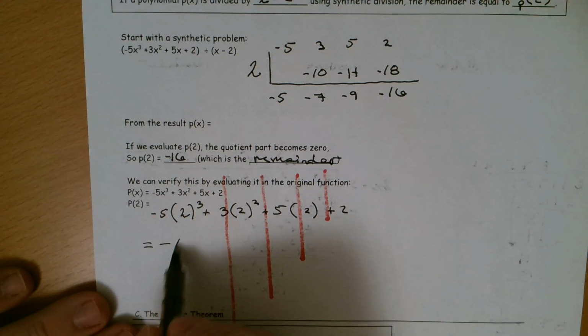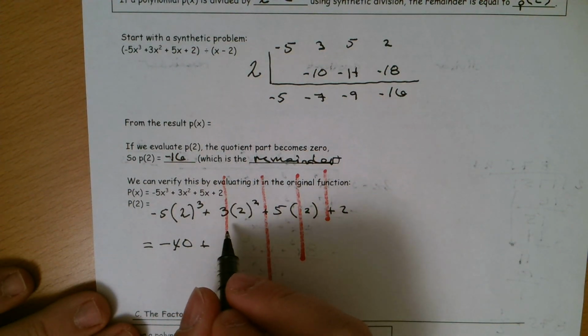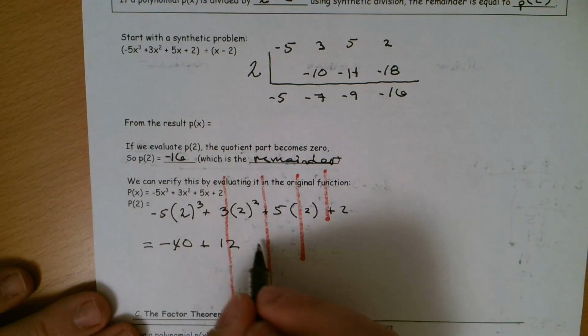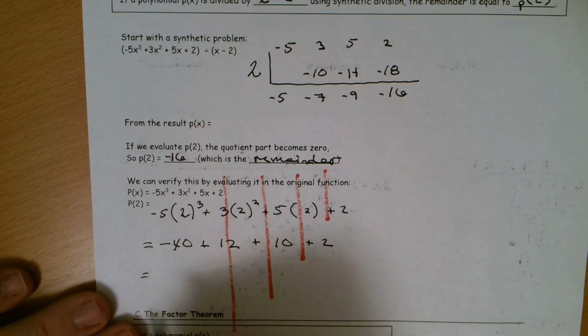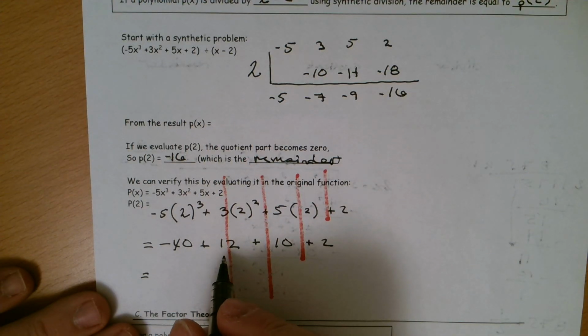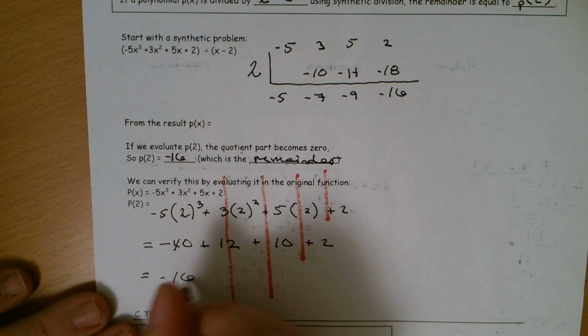So this would be negative 40. This would be 3 times 4 would be 12. This would be 10, and that is 2. Negative 40 plus 12 is negative 28. Negative 18 plus 2 is negative 16.